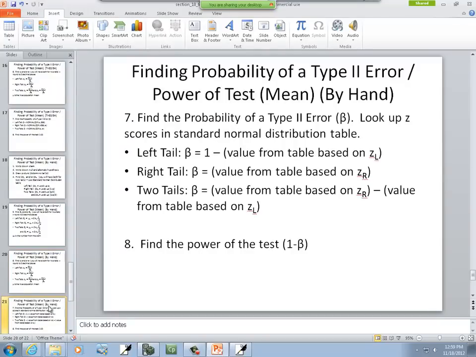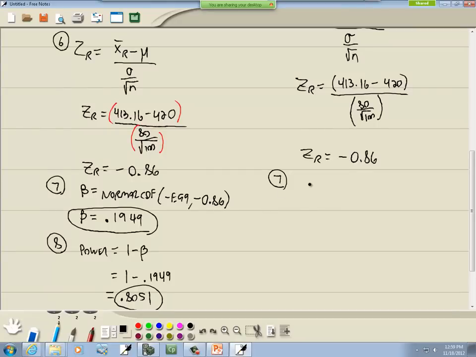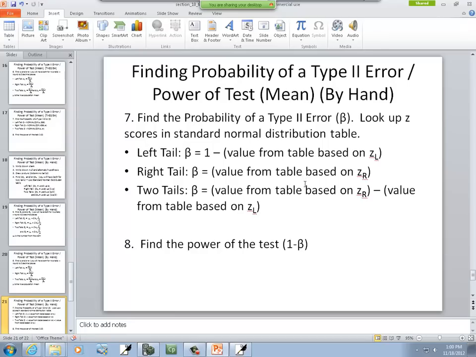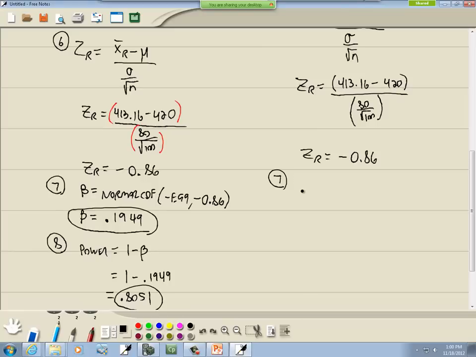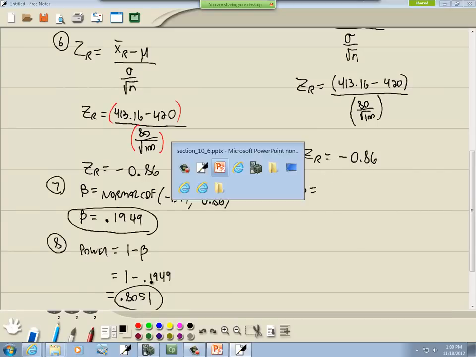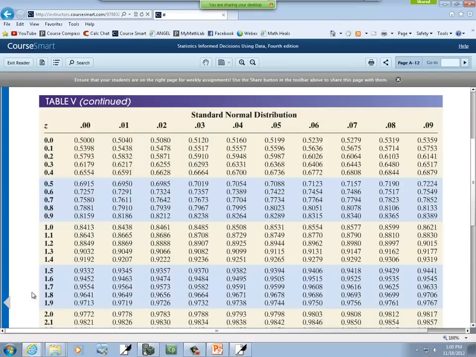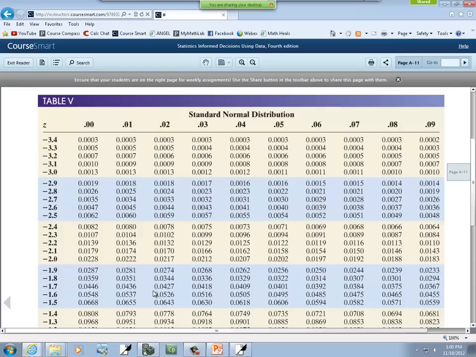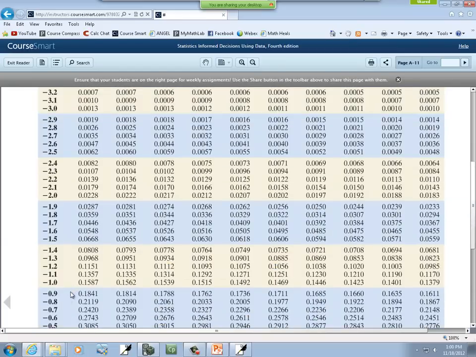Step 7. For right tail, it says beta is the value from the table based upon z sub r. Okay. Z sub r is negative 0.86. Let's go look it up in our table. Here's negative 0.8.